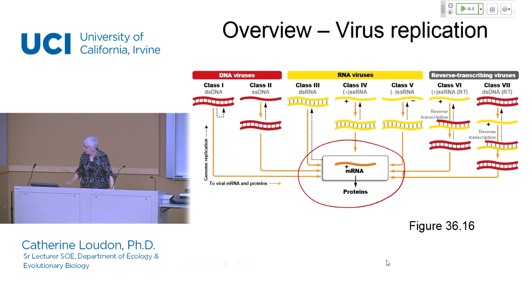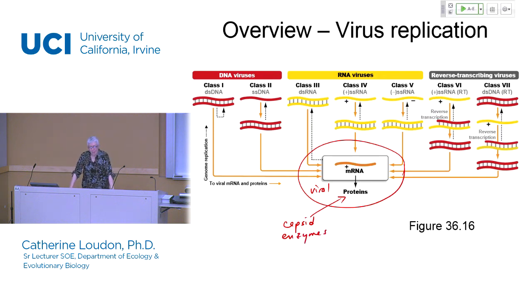Again, the proteins being generated, you should be thinking to yourself, are viral proteins. We're completely ignoring all the things that the host cell itself is doing. So viral proteins include more structural proteins, namely the capsid proteins, but also any enzymes that the virus might need.